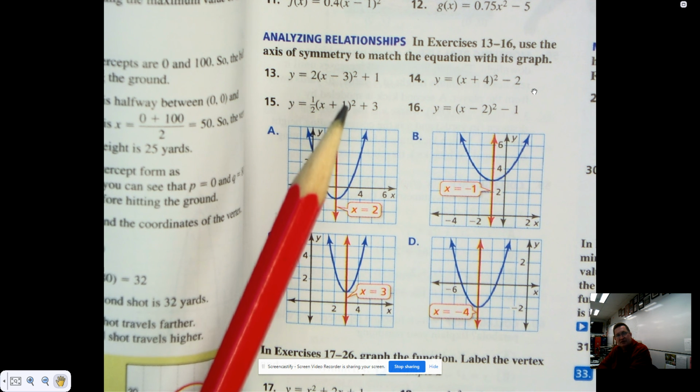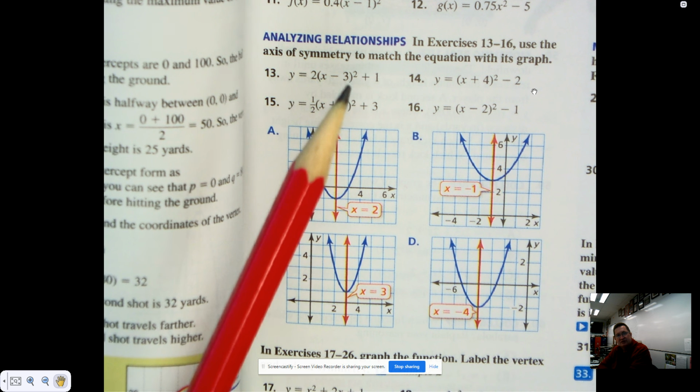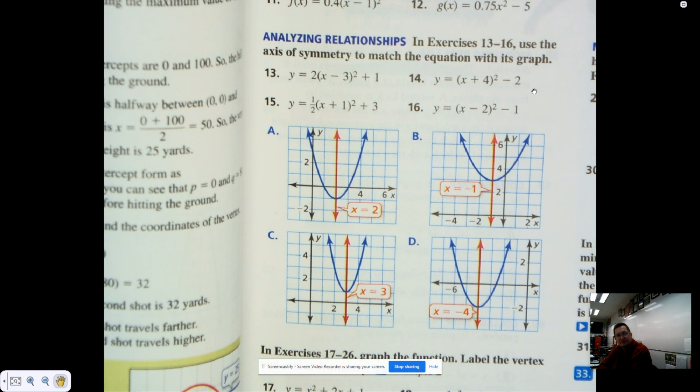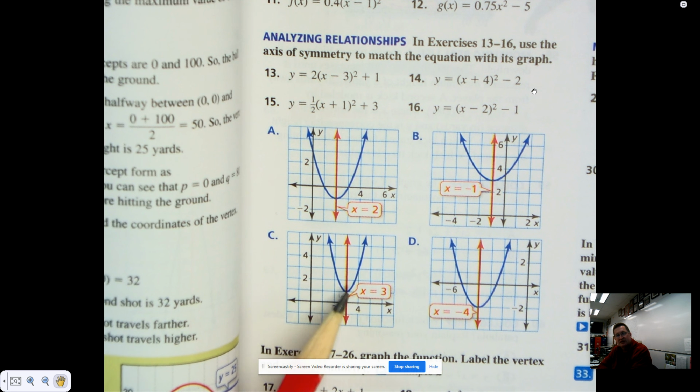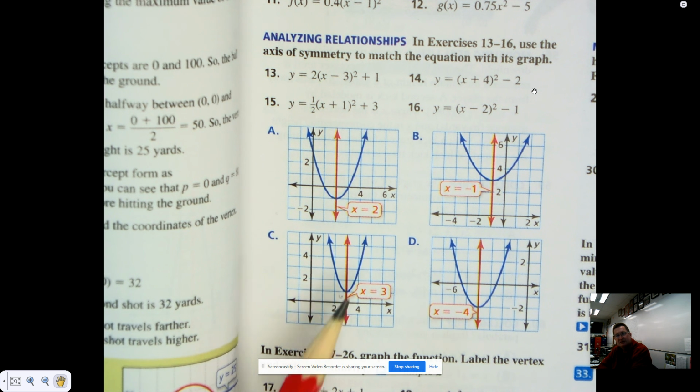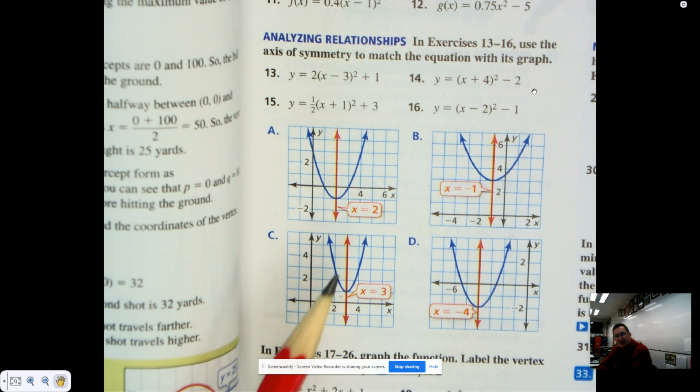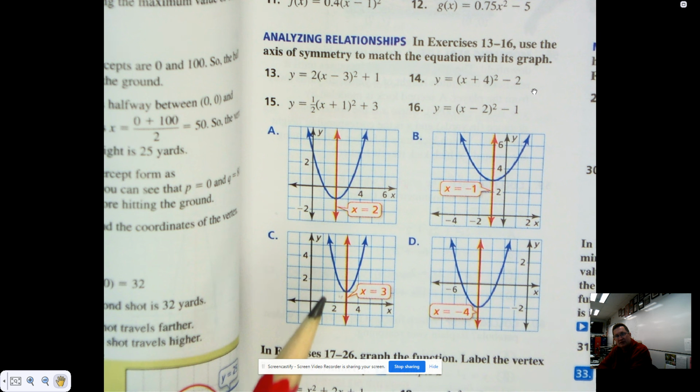So you want to find the choice whose vertex is at 3, 1 and whose parabola opens up. As you can see, this point here is the vertex at 3, 1. The axis of symmetry is in red. That's x equals 3, and the parabola opens up. So the answer to 13 would be C.